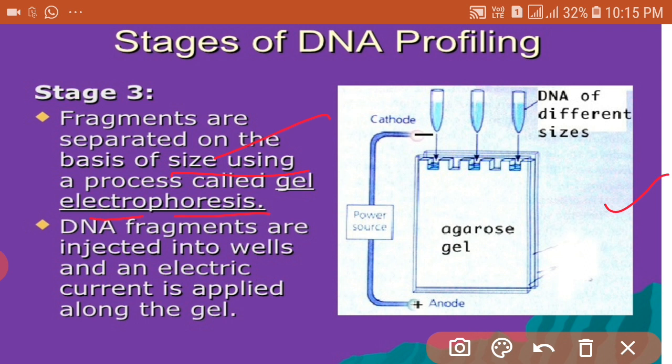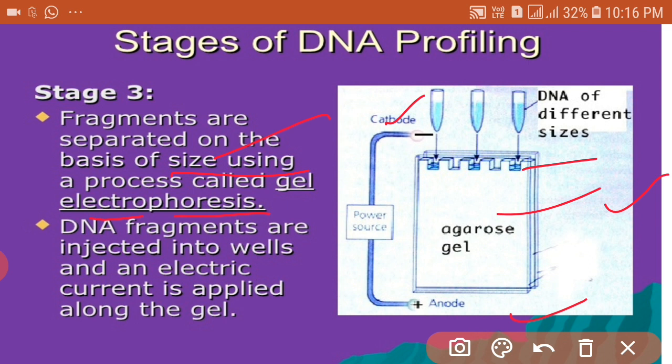Here agarose is taken and these are the wells in which the DNA samples are placed. DNA fragments of different sizes are placed here, and the medium is agarose, and this is the anode side, positive, this is the cathode.